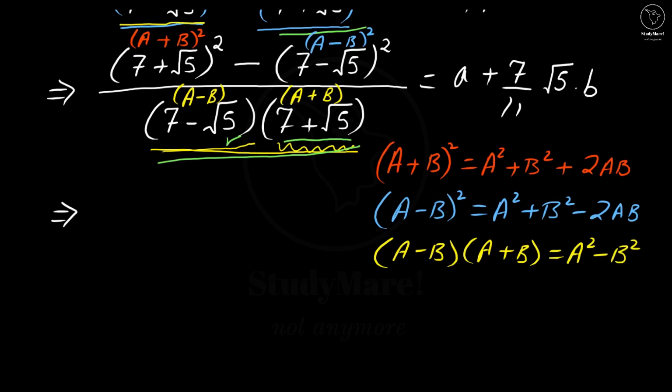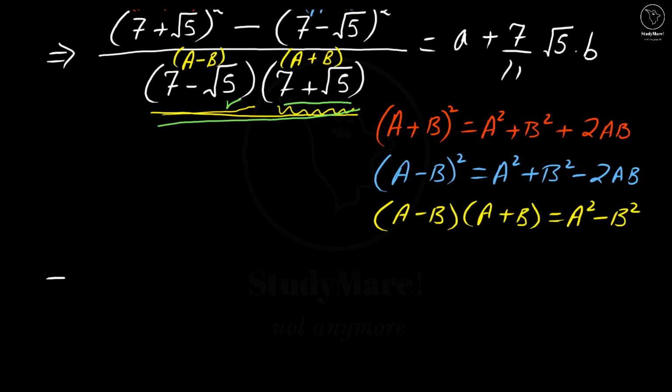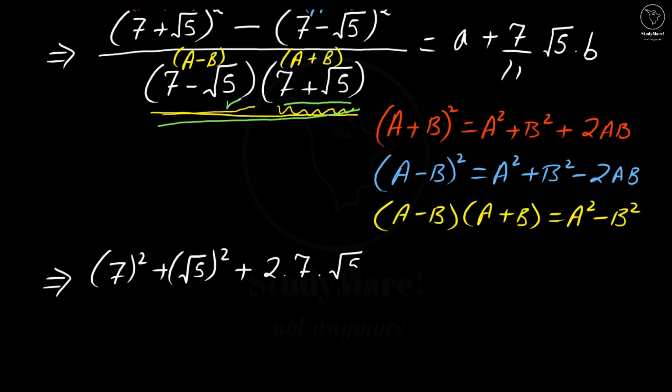Just use these identities. So we have (7 plus root 5) whole square. (a plus b) whole square equals a square plus b square plus 2ab. So we get here 7 square as a square, plus root 5 square as b square, plus 2 into a, that is 7, into b, that is root 5.